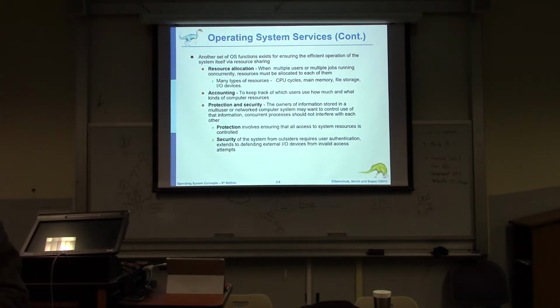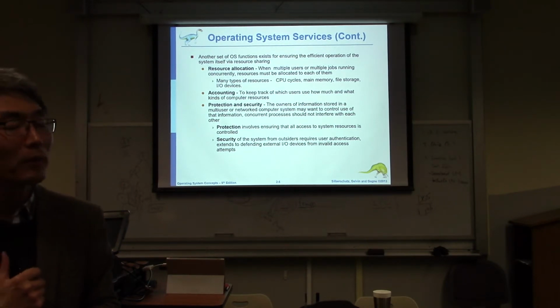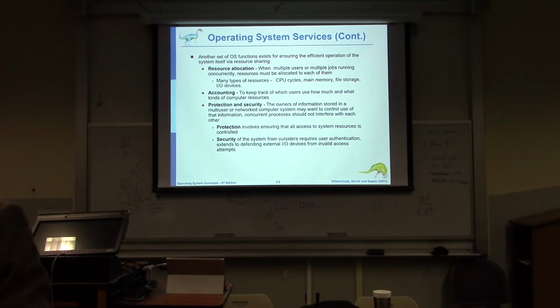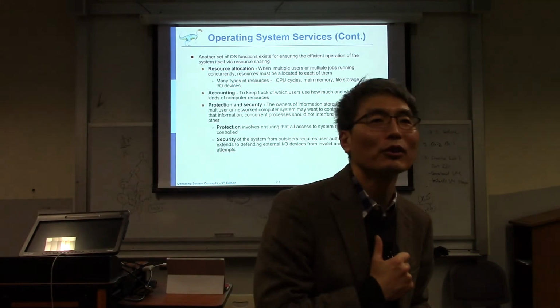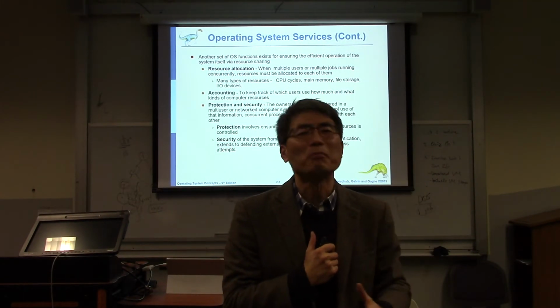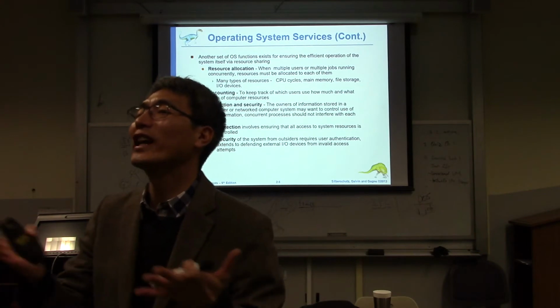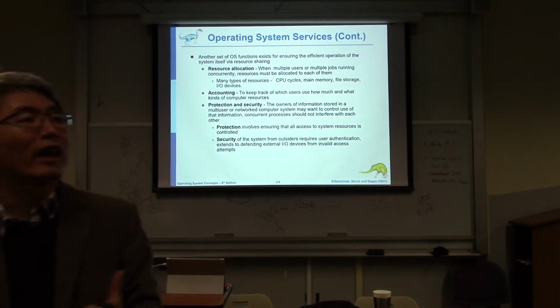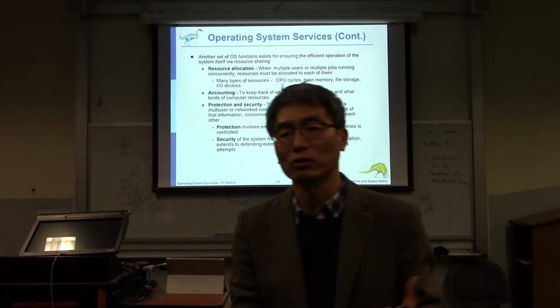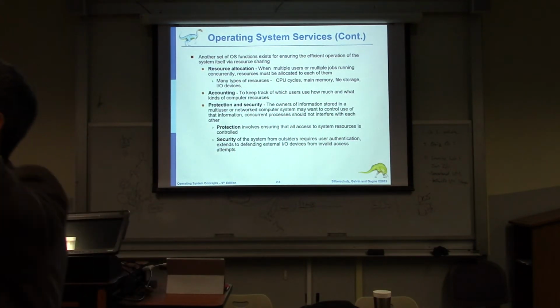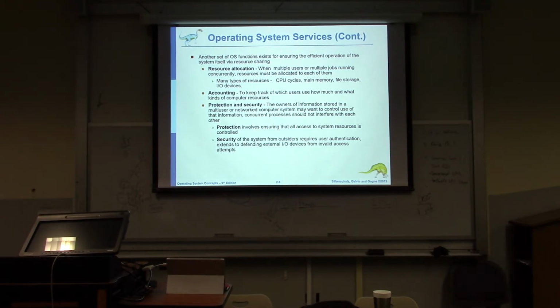Nowadays it is more important. Such accounting information will be used for billing. How many of you are using cloud computing, AWS or Google Cloud? Most of you are using the cloud as storage. Not only storage, but any service of the computer can be a cloud service, which means you don't have to purchase a new, high-end computer. Instead, you go to AWS and click, then you can create a cluster system.